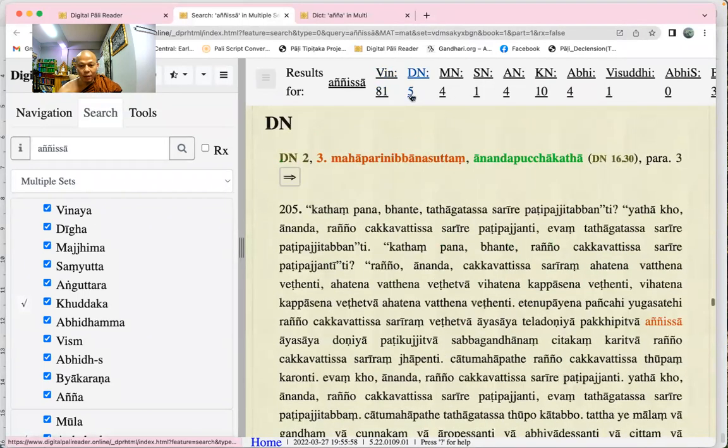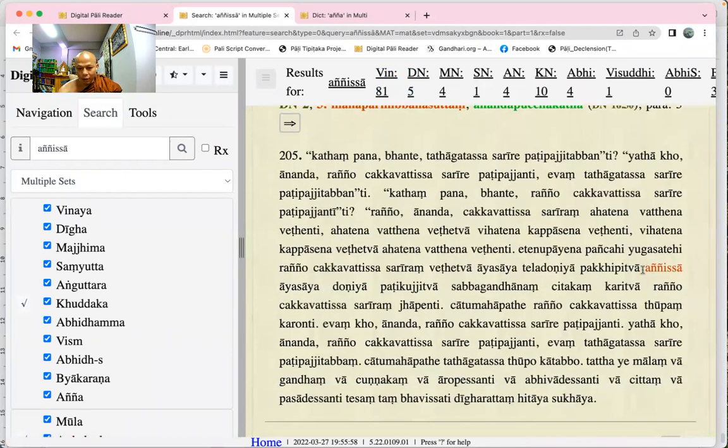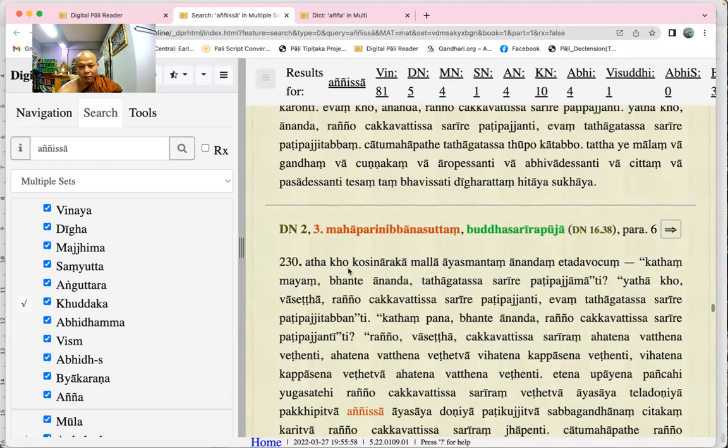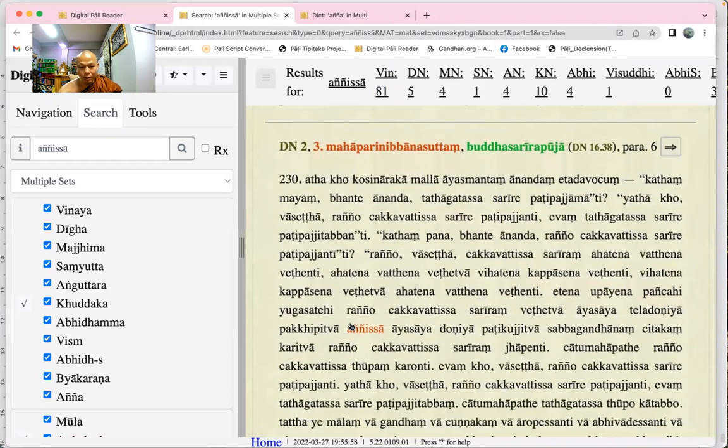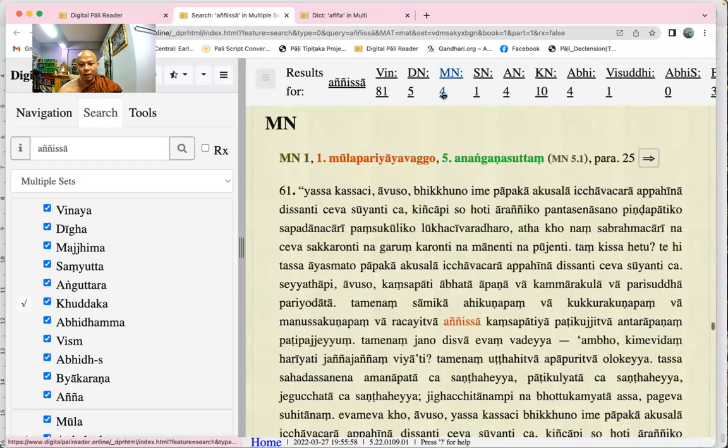Maybe in the Digha Nikaya also, here in the Mahaparinibbana Sutta also, inyesa; all of them are feminine gender, you see. In the Majjhima Nikaya also, inyesa, feminine gender.